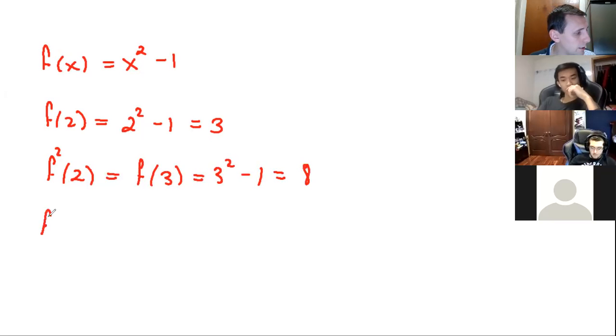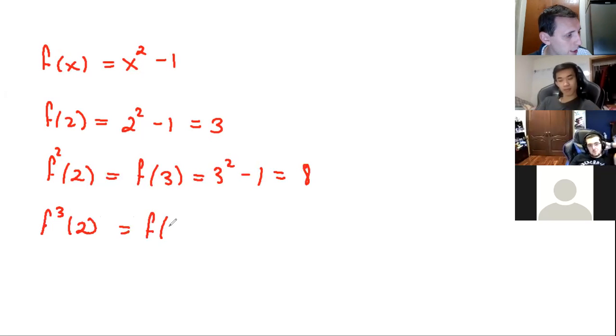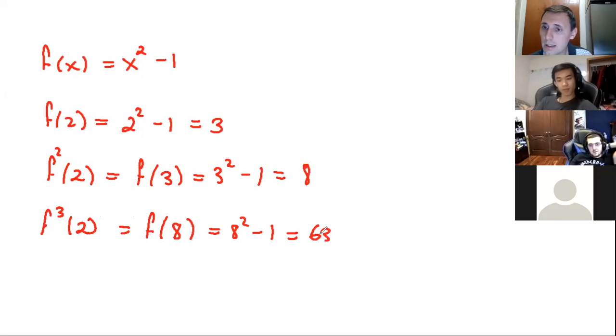If I take f^3 of 2, that means apply f 3 times to 2. That's the same as f applied to 8, which is 8 squared minus 1, and the answer is 63. Yes? Are you following what happens with a particular point 2, right? So I consider a sequence of iterations, 2, 3, etc. Are you following me?